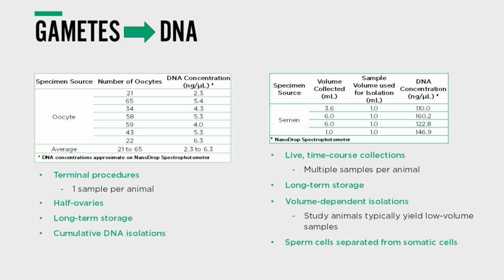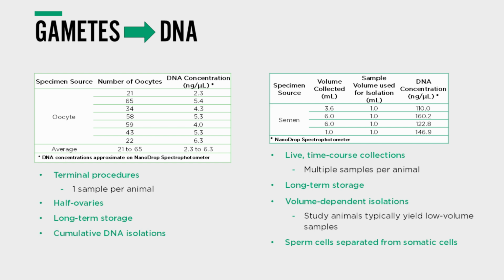We do want to note that the DNA concentrations for both sample types here were determined using a NanoDrop spectrophotometer. And so regarding the oocyte DNA specifically, we do acknowledge that this is a notable overestimation. So realistically, another quantification method is required for more accurate DNA concentration determination.